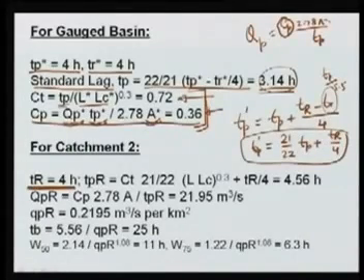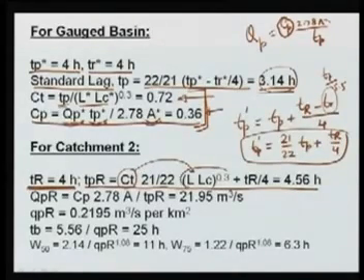So we can write this equation: CT into (L LC)^0.3, this is the standard lag, 21 by 22 plus TR by 4 should be equal to the basin lag for this corresponding rainfall of 4 hours. This gives us a lag of 4.56 hours.